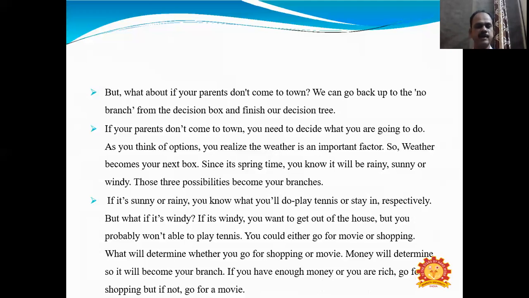Money will determine it, so it becomes your branch. If you have enough money, you go shopping; if not, you go for a movie. So based on the given conditions, you can make the branches and build the decision tree.